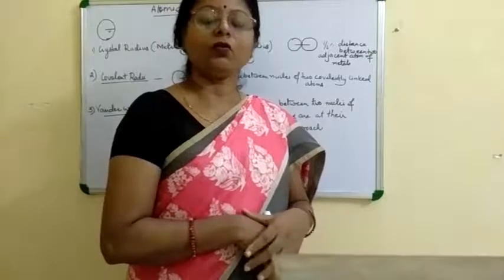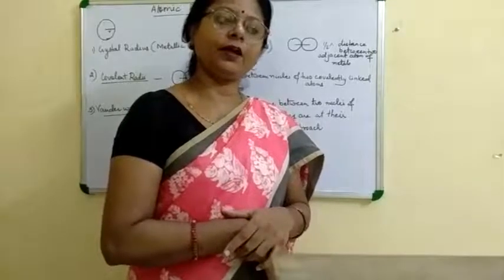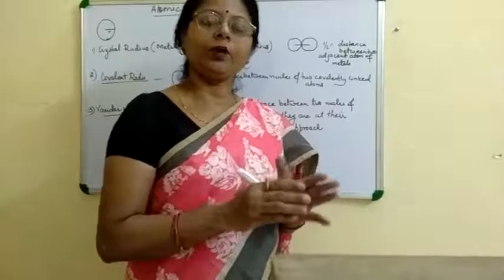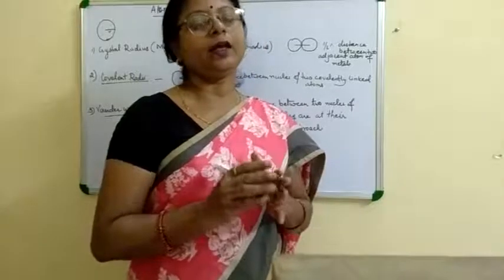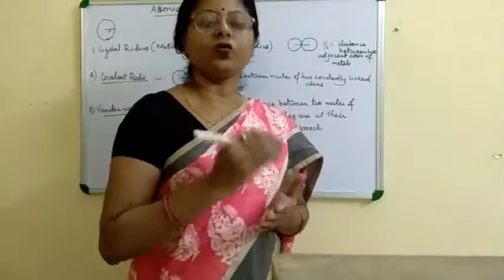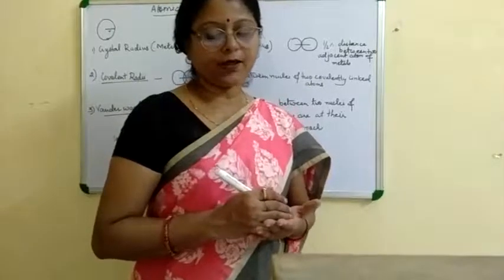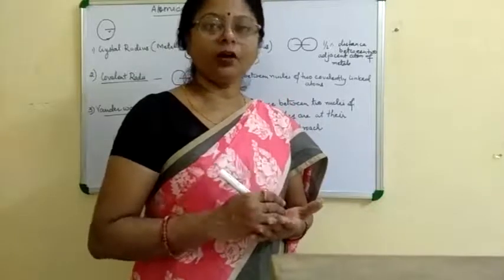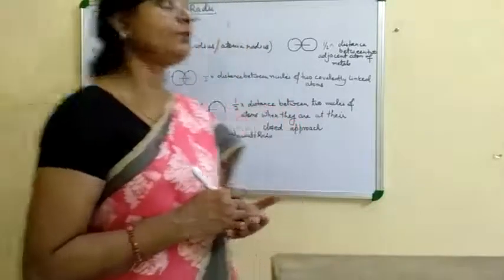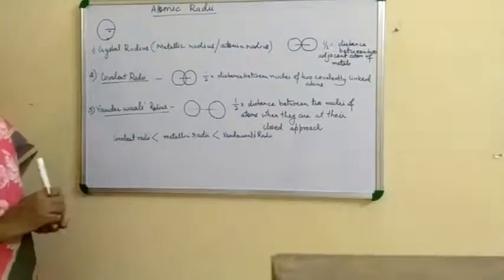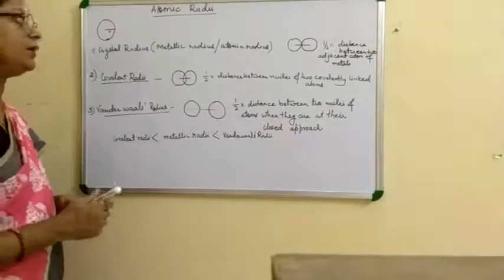That's why, on the basis of bonding of the electrons, we can divide the atomic radii into three categories: covalent radii, crystal radius, van der Waals radius. So one by one we will study all these atomic radii.